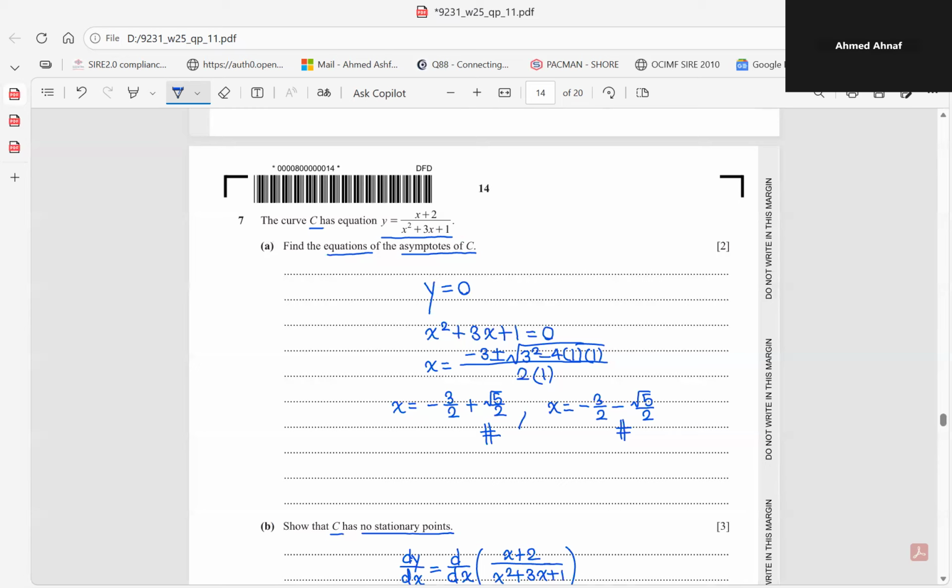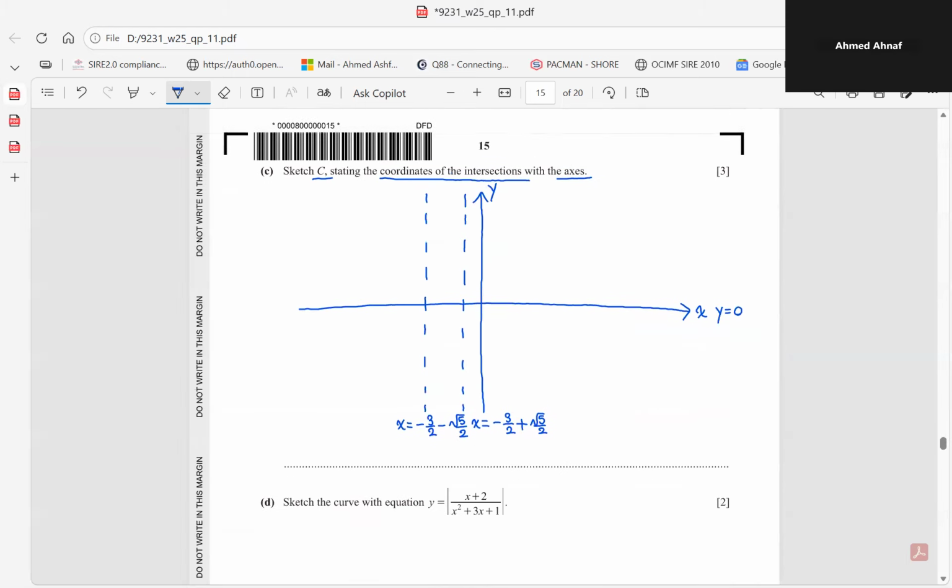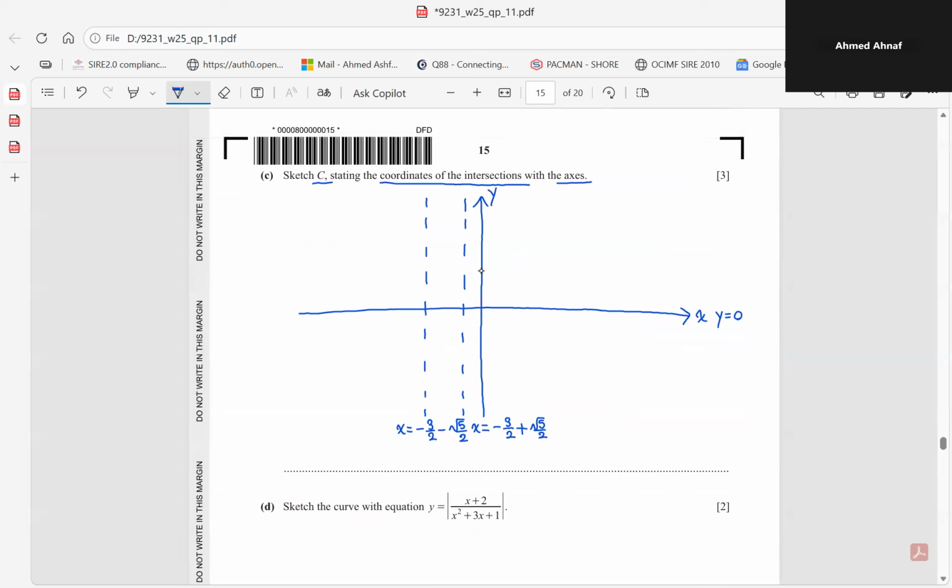You get 2 over 0 squared plus 3 times 0 plus 1. You get 2. So you can say it's around here. The x coordinate is 0, the y coordinate is 2.